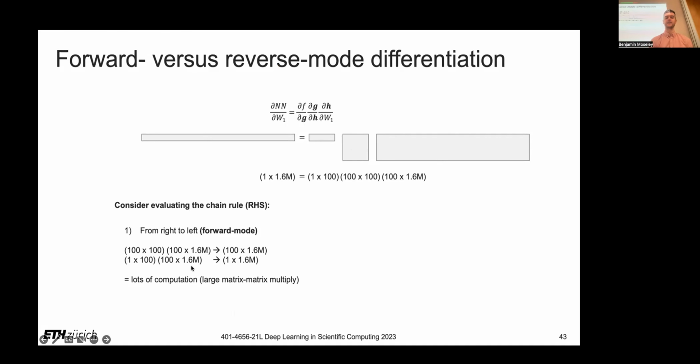That basically means doing this one times this one, which is 100 by 100 times 100 by 1.6 million, which results in a 100 by 1.6 million matrix. And then we do the vector, 1 by 100, times 100 by 1.6 million, which gives us our final weight matrix. So this is a lot of computation, because we have to do one massive matrix multiply in the middle here.